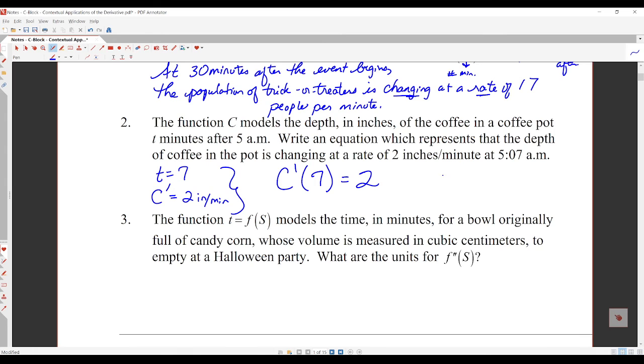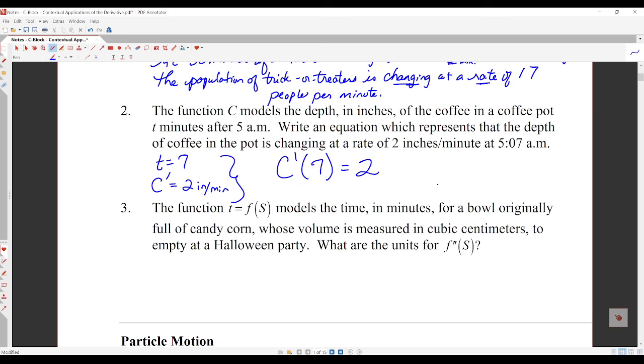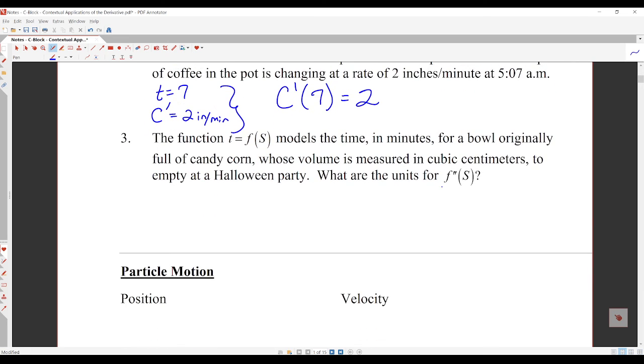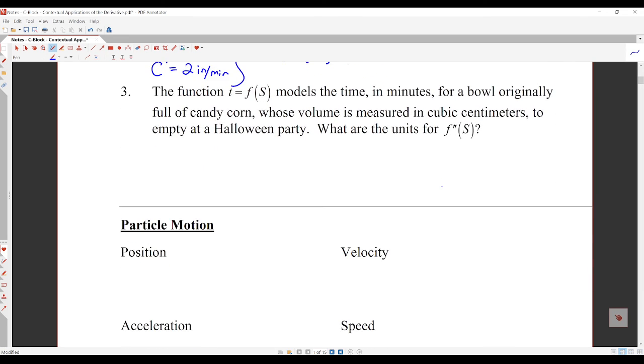Number three, the function F of s models the time in minutes for a bowl originally full of candy corn whose volume is measured in cubic centimeters to empty at a Halloween party. What are the units for F double prime of s? So F of s has units of volume, so it's cubic centimeters.